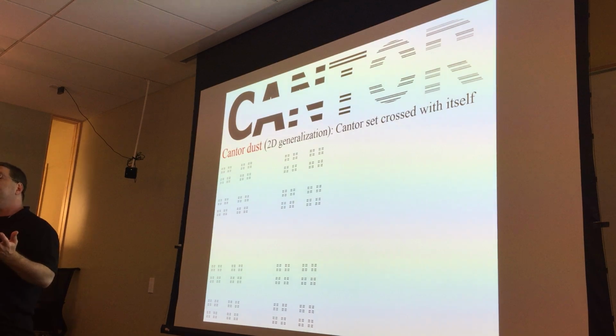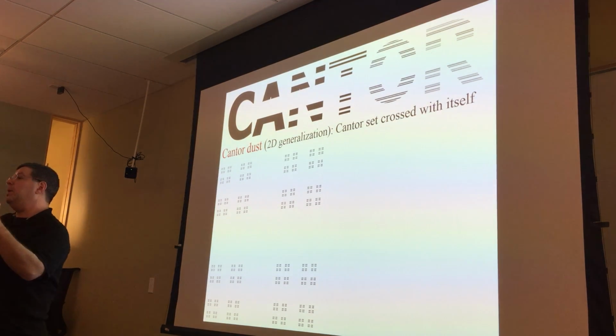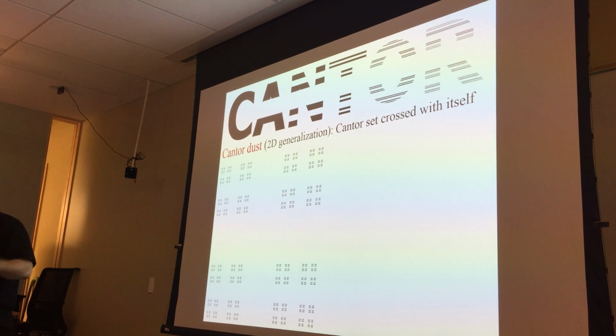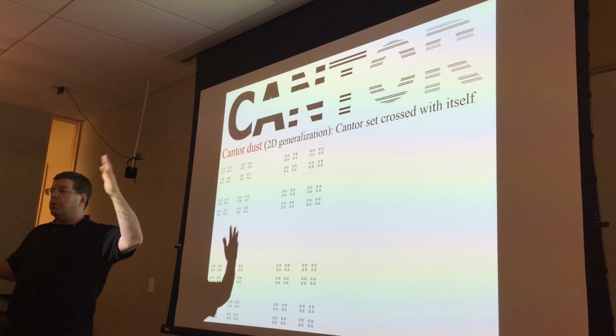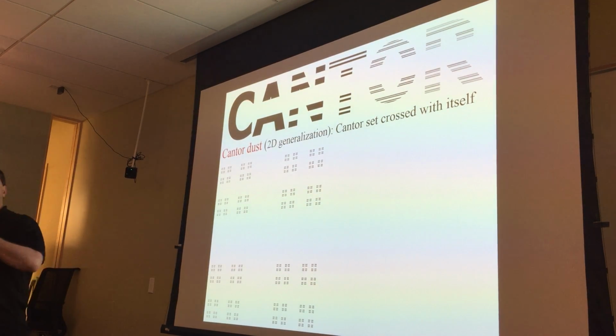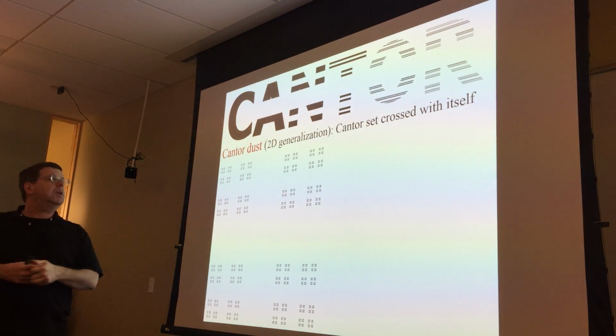It's not a trick question, it's a definition. A comma B belongs to that. Yeah, it's all elements from S paired with all elements of T in all possible combinations. How many understand that? It's a cross product, right? This is a Cantor set crossed with itself.